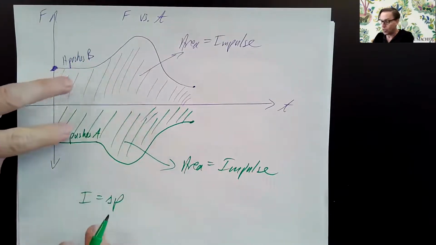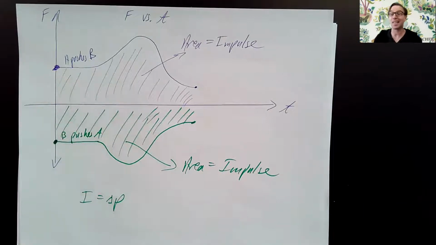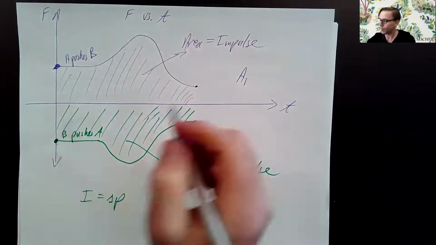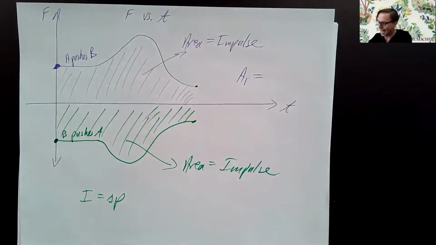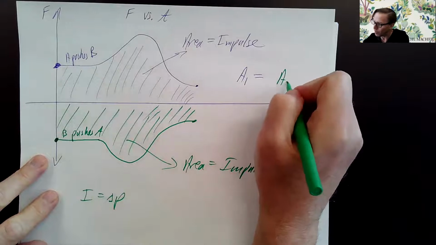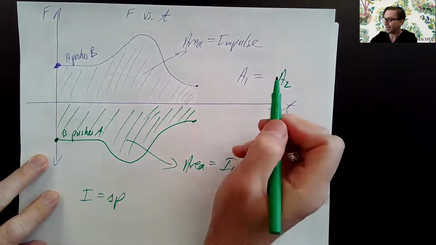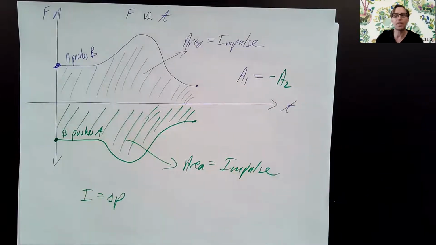And do you see that these two areas have the same size, but opposite signs? So what I want to say is A1, the purple area, and A2, the green area, are equal in size, but opposite in sign.